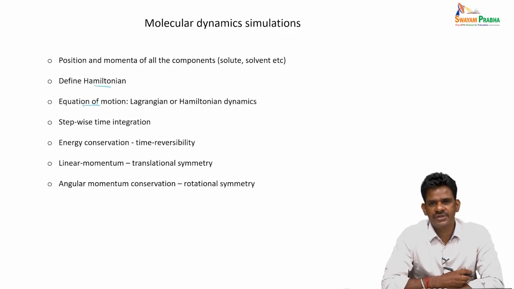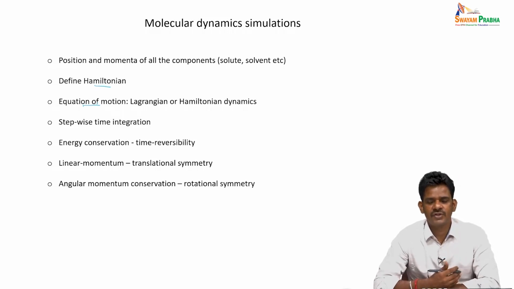These equations of motion can be derived either via Lagrangian dynamics or via Hamiltonian mechanics, and both are equivalent. Once we have these equations, we realize that we cannot solve them analytically because the interactions are pairwise additive, and we have to solve them via numerical techniques.